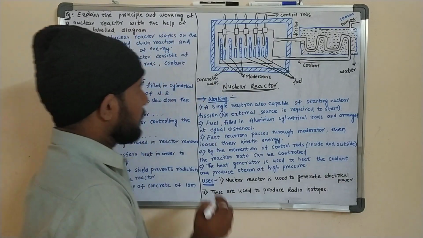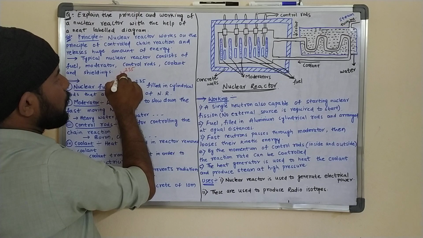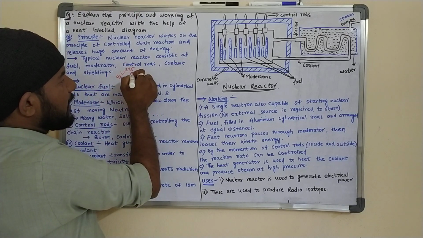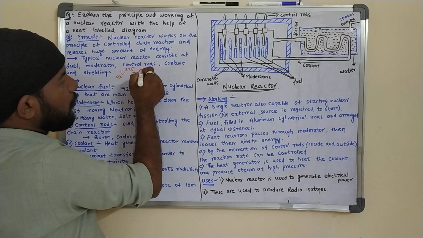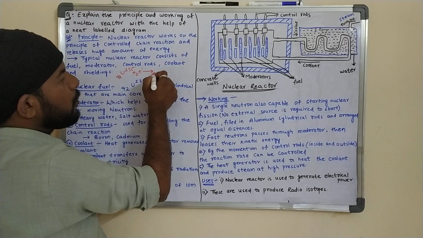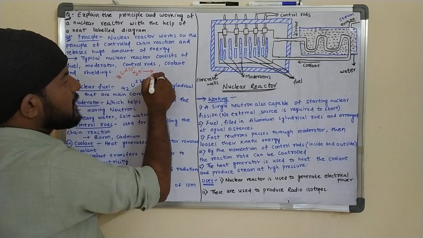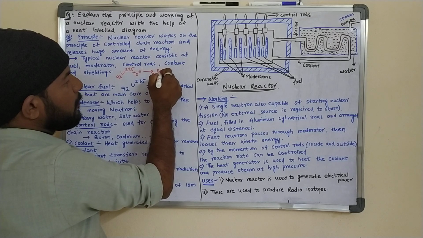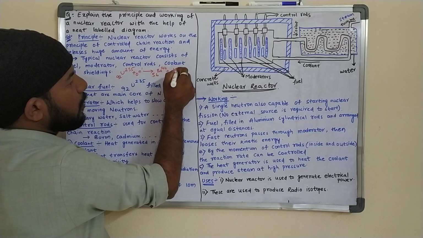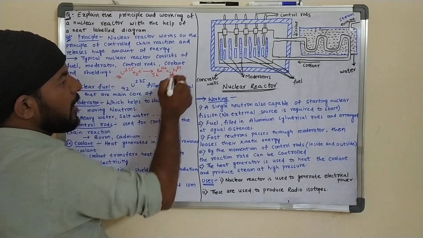I told you already, uranium-235, 92 uranium-235, is the fuel, for example, and it is bombarded with one neutron. Then we are getting two types of nuclei, that is barium-144 (56) and krypton-89 (36).